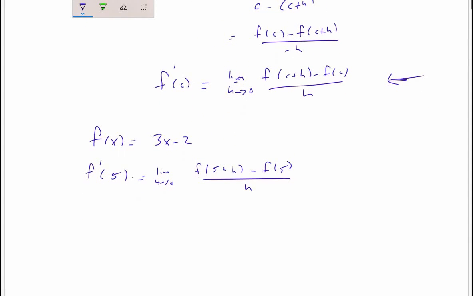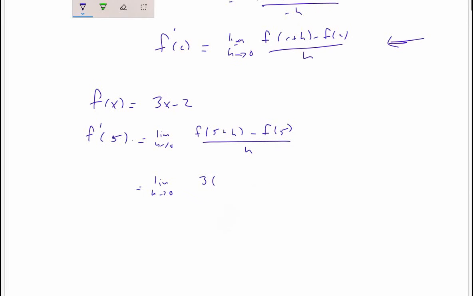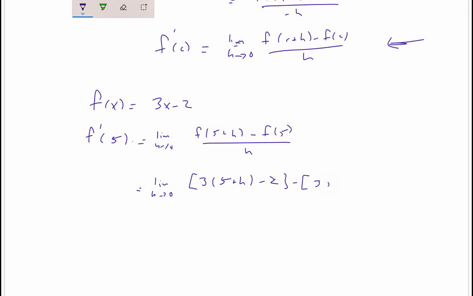Now we can go ahead and substitute those values in for our x, because that would be 3 times 5 plus h minus 2, minus then f of 5, which is just 3 times 5 minus 2, all over h.